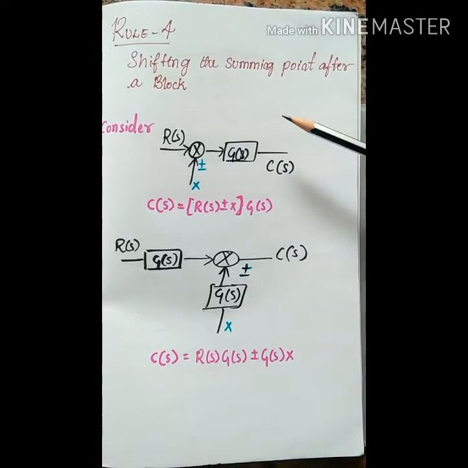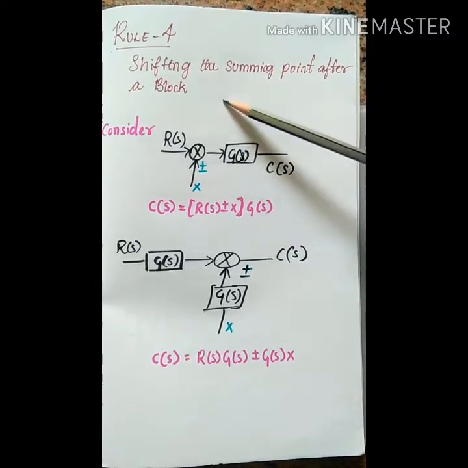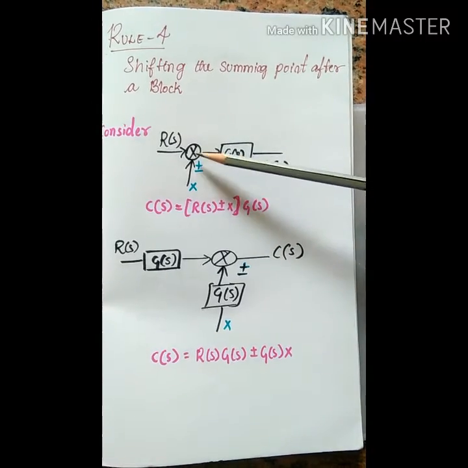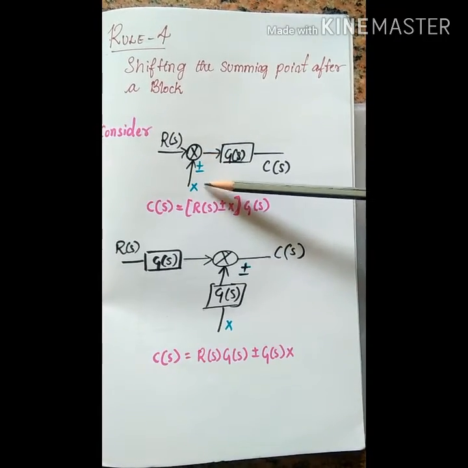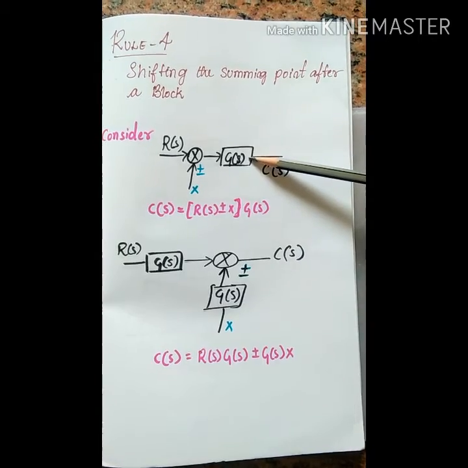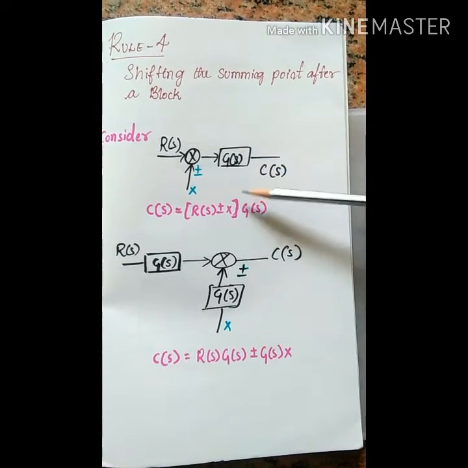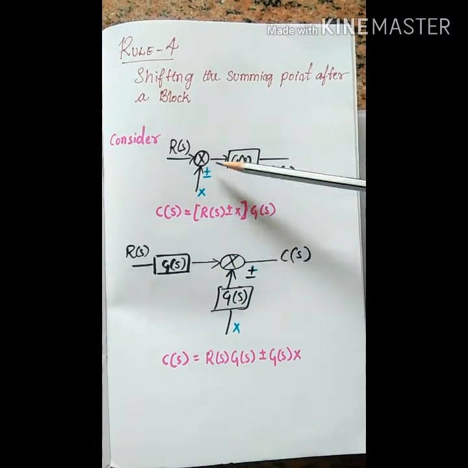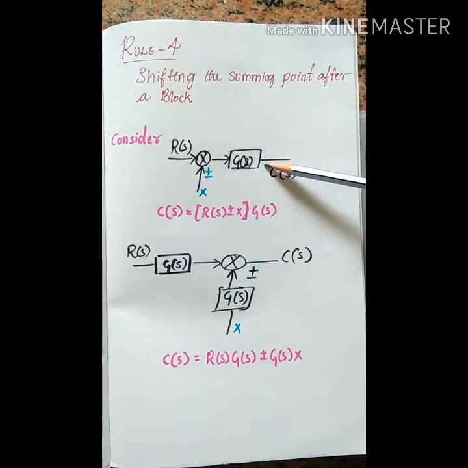Now rule number 4 is shifting the summing point after a block. Now let me consider this particular block diagram wherein the summing point has an input of x and a gain block G of s. For this block diagram, the output C of s is R of s plus or minus x into G of s.